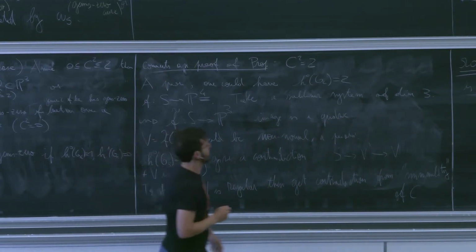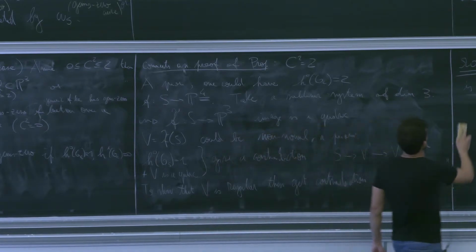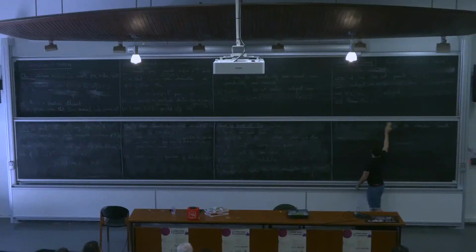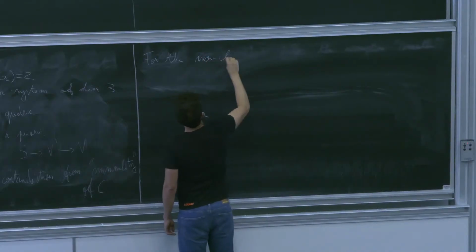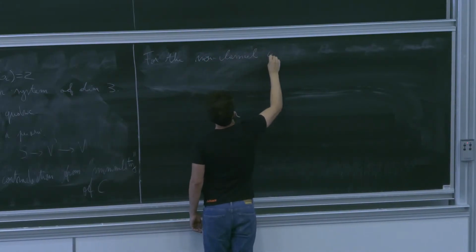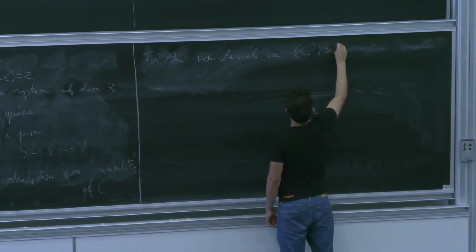I don't want to get into the non-classical case, but I can tell you what happens. A priori, for the non-classical case, C squared could be strictly bigger than 2.